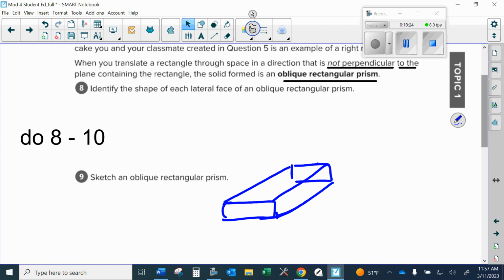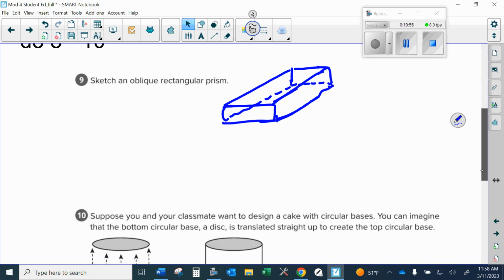It's connected there. Now, I can't see this back one right here, so I dashed it. If you can't see it through the solid figure, you dash it. So this one back here should be dashed as well. I want to be able to see that. So there's an oblique rectangular prism. The lateral faces are rectangles as well.